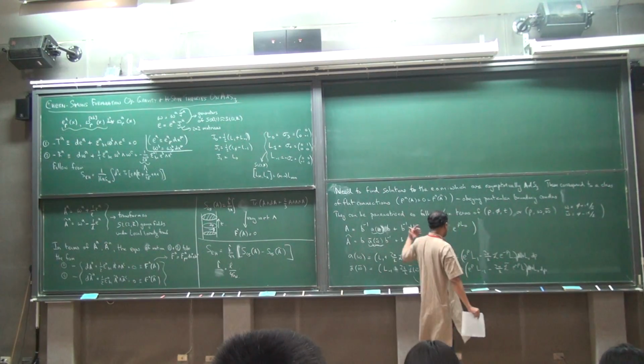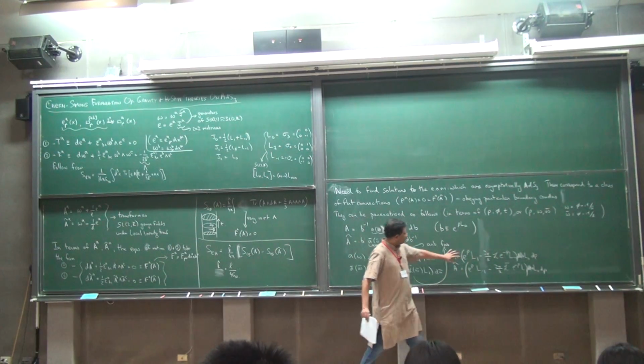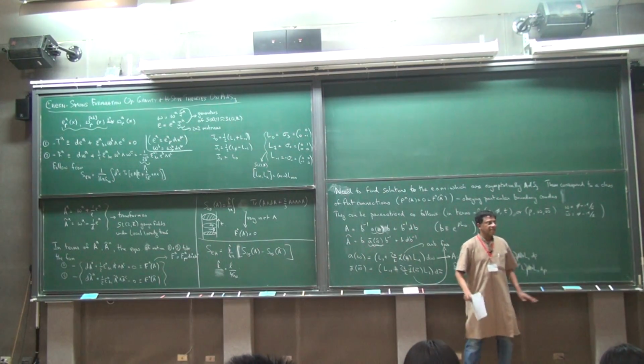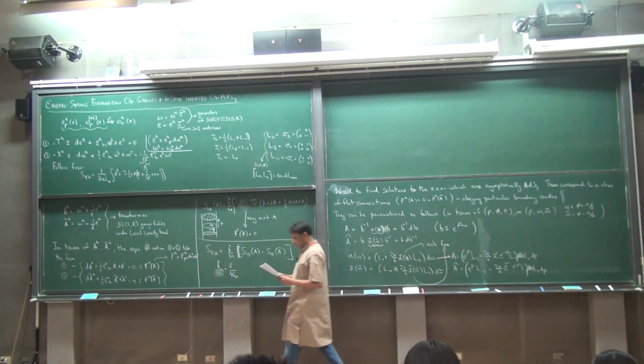So the explicit form for A and A tilde, with the full radial dependence, is like this. Here, of course, there is an L0.